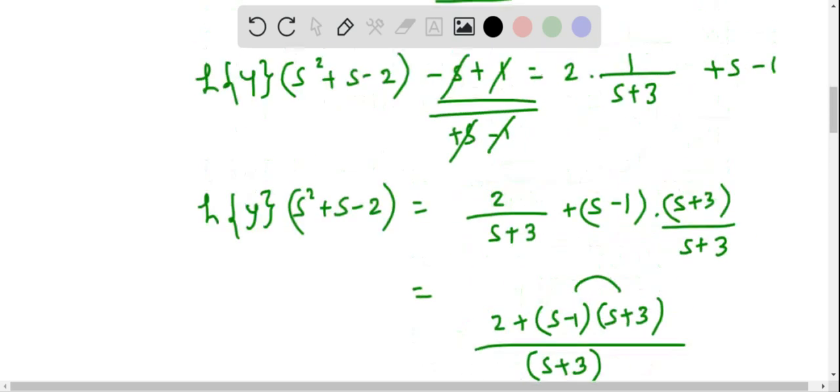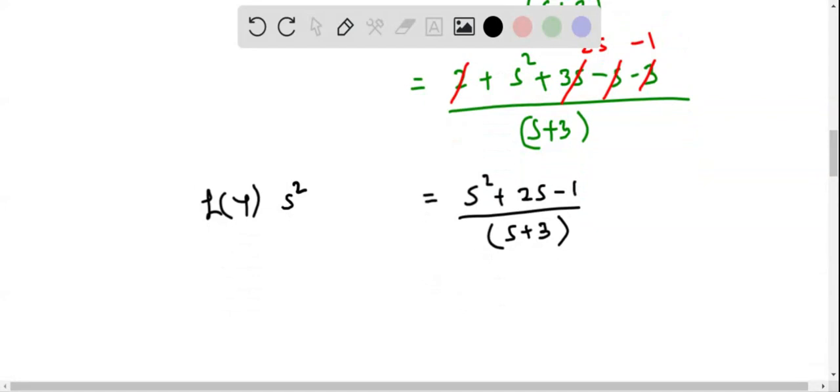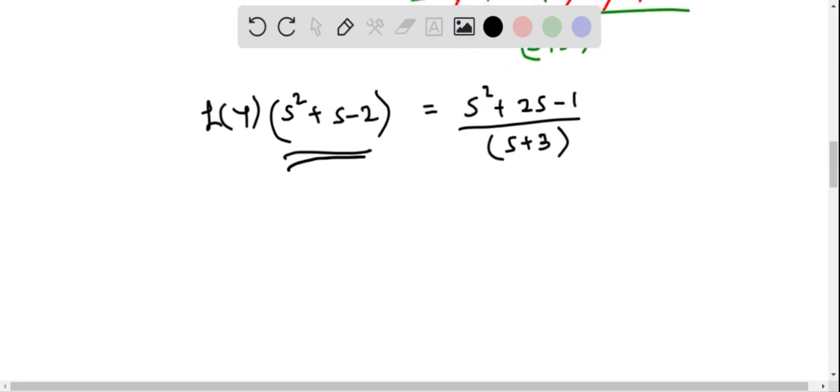And on the left side, we have the expression, that is Laplace transform of y times s squared plus s minus 2. In fact, we can write this as a product of linear terms by factoring. So I'm going to do that. So therefore, Laplace transform of y times, when we factor this, we will get s plus 2 times s minus 1.